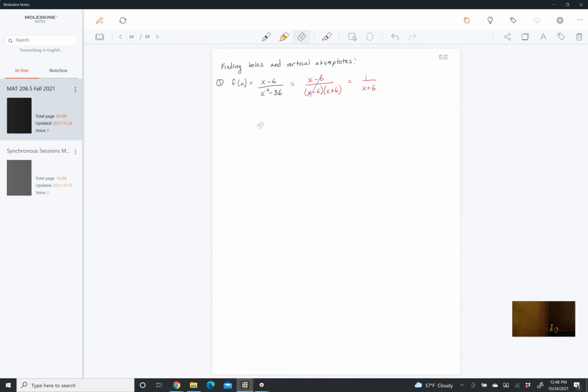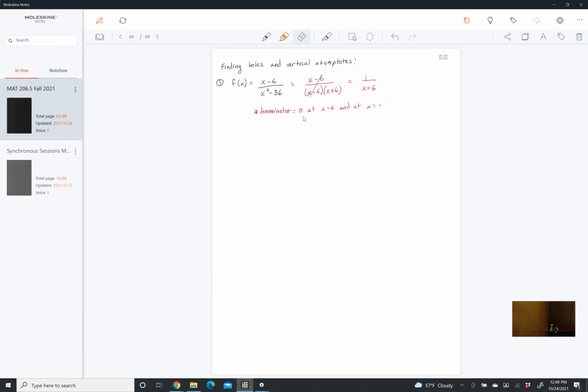Now, how do we find the hole versus the asymptote? Well, here's what this means. The denominator is 0 at x equals 6 and at x equals negative 6.